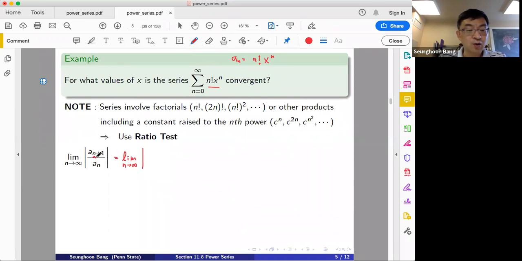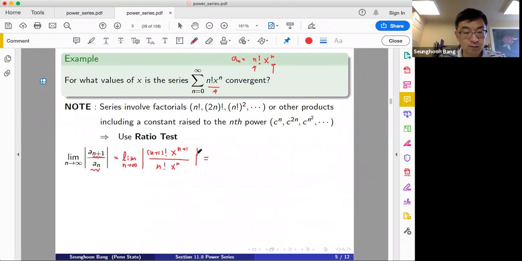You plug n plus 1 into this n, so we have (n+1) factorial times x to the n plus 1, over a_n, exactly this one, n factorial x to the power n.